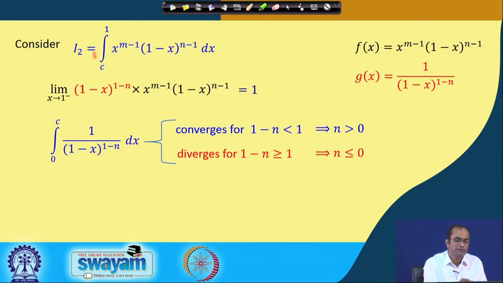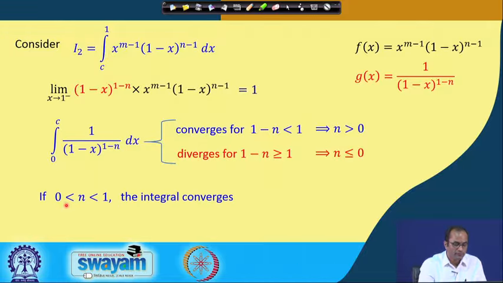So, this part of the integral also has this behavior: when n is greater than 0, the integral converges, and when n is less than or equal to 0, this integral diverges.